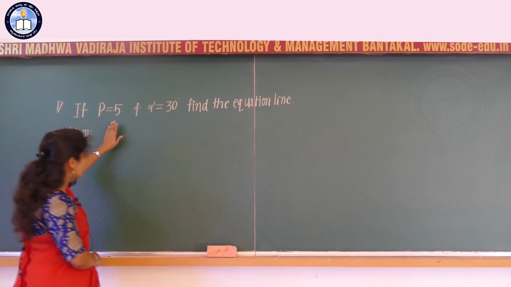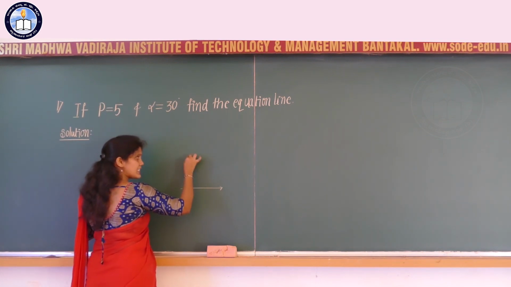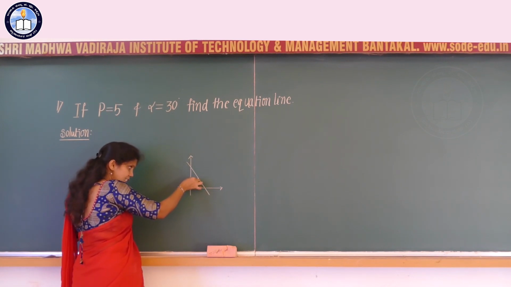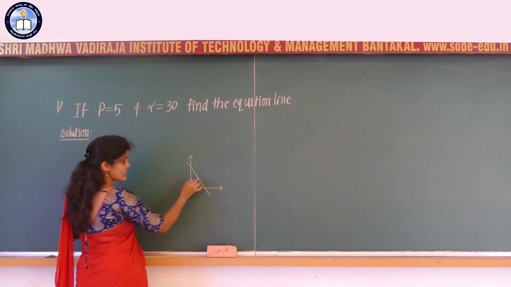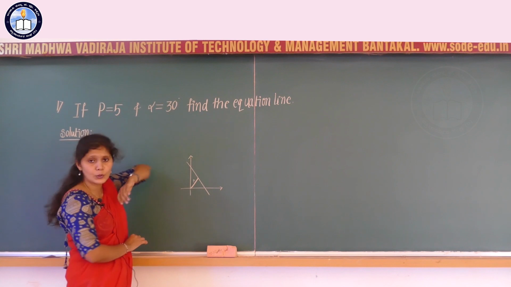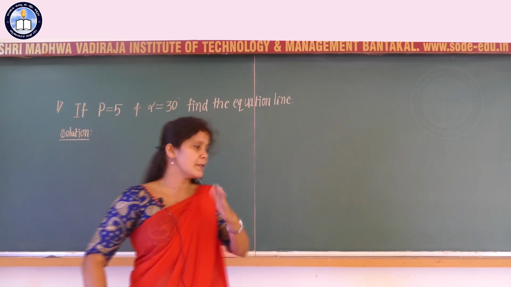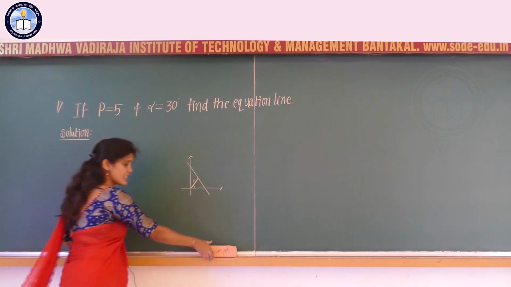We have this diagram with the XOX dash and YOY dash axes. So the length of the perpendicular from the origin to the line is p, which is given in the question, and alpha is equal to 30 degree. Alpha is the angle made by the perpendicular with the positive direction of the x axis, which is given.